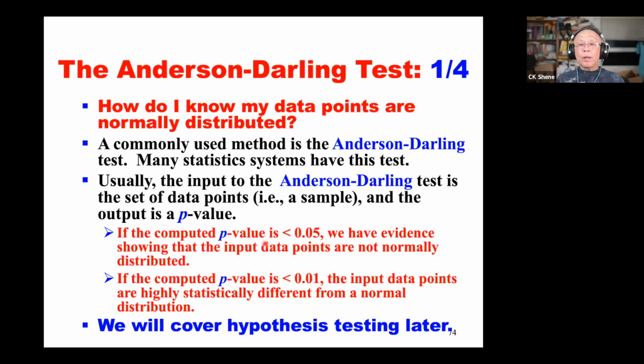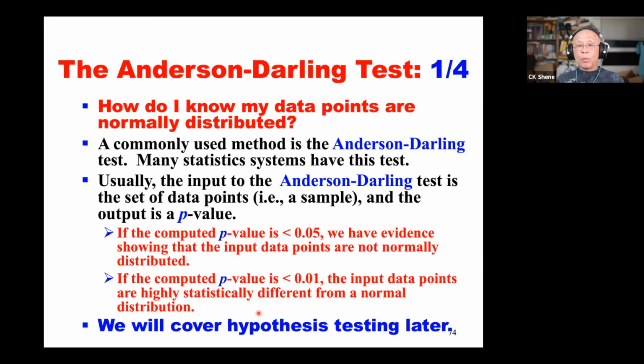If it is less than 0.05, then we have evidence showing that the input data points are not normal. If the p-value is even smaller, 0.01, the input data points are highly statistically different from a normal distribution.